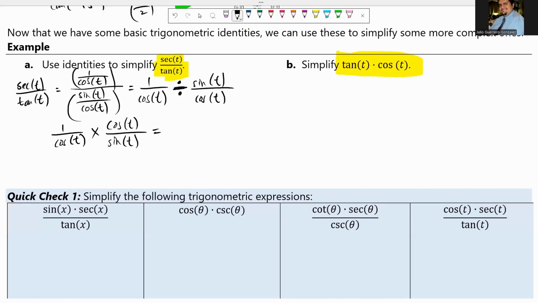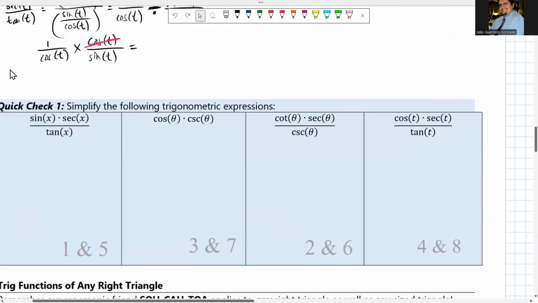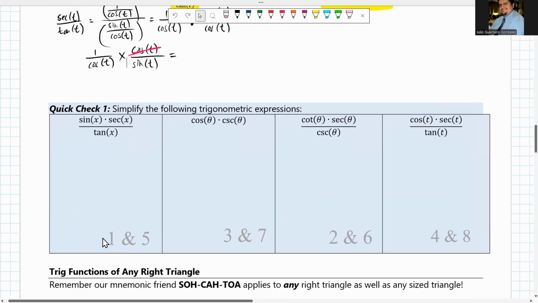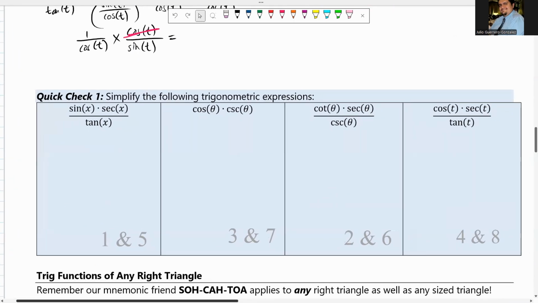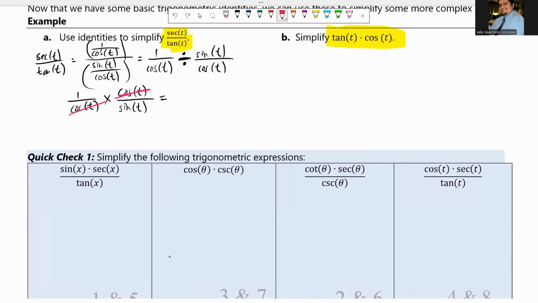What this reduces to is this. There's a cosine on the top and there's a cosine on the bottom. They cancel, and I get left with 1 over sine of t.